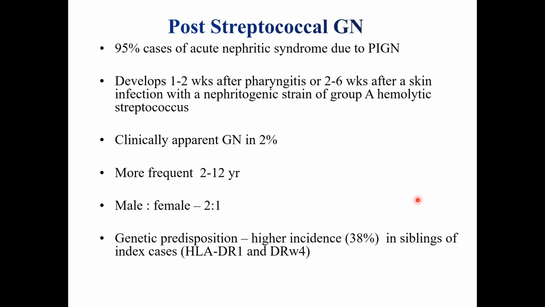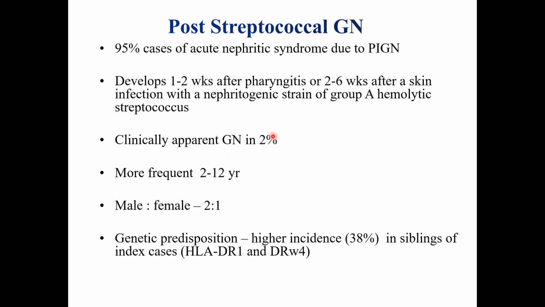A word about post-streptococcal GN. 95% of cases of acute nephritic syndrome are due to PIGN, and it usually develops 1 to 2 weeks after pharyngitis or 2 to 6 weeks after a skin infection due to a nephritogenic strain of group A hemolytic streptococcus. However, clinically apparent GN develops in only 2% of patients.